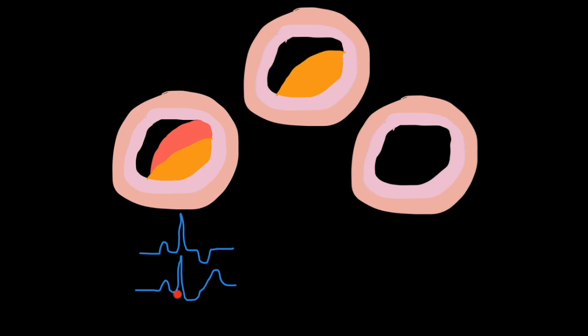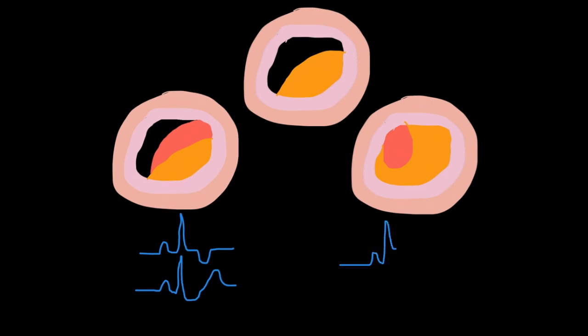The T waves can be inverted and the ST segment can be depressed. If the coronary artery is acutely and completely occluded, then there is transmural ischemia, which causes an ST segment elevation.